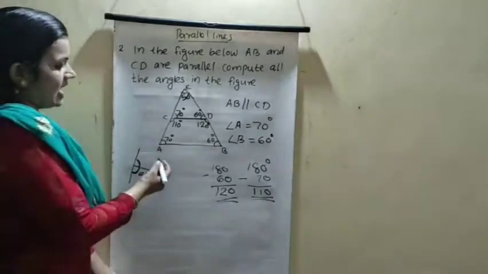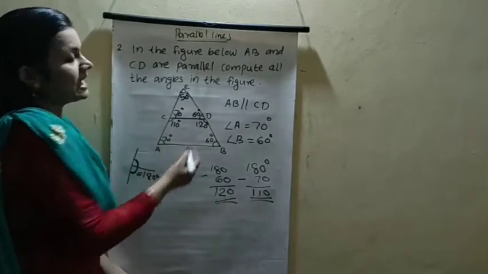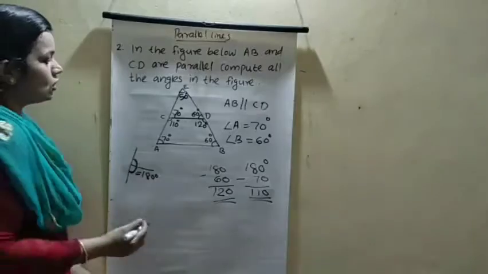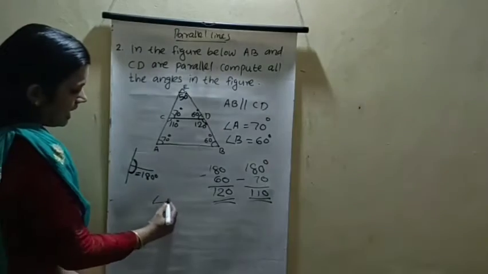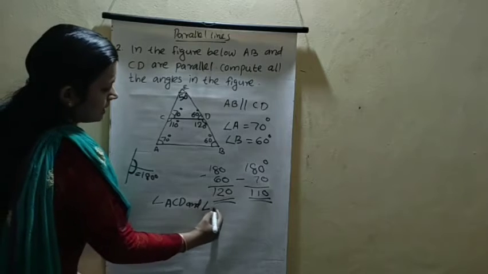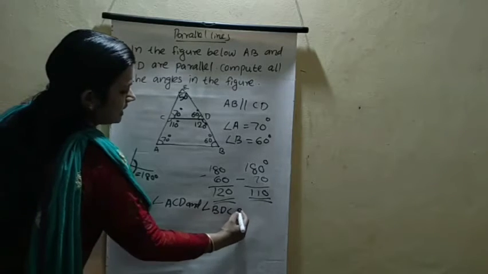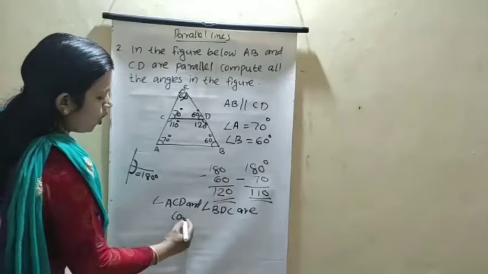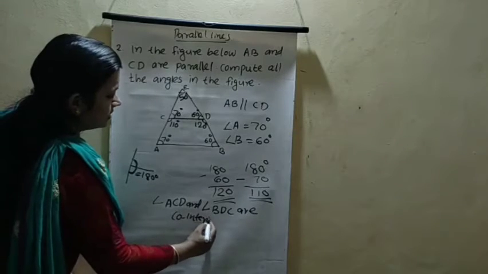So we can say that AB and CD are parallel. So angle ACD and angle BDC are co-interior angles.